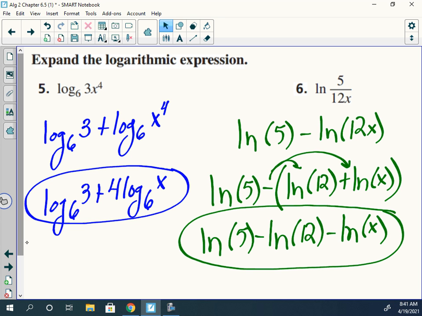So up to this point, we've been getting multiple logs where each term inside of the log is as simplified as it can get. Can't get any simpler, can't use any other properties to reduce it. Now we're wanting one log or one natural log with everything inside. And this here, where we have multiple negatives, would normally be a little bit tricky because depending on how you approach it.